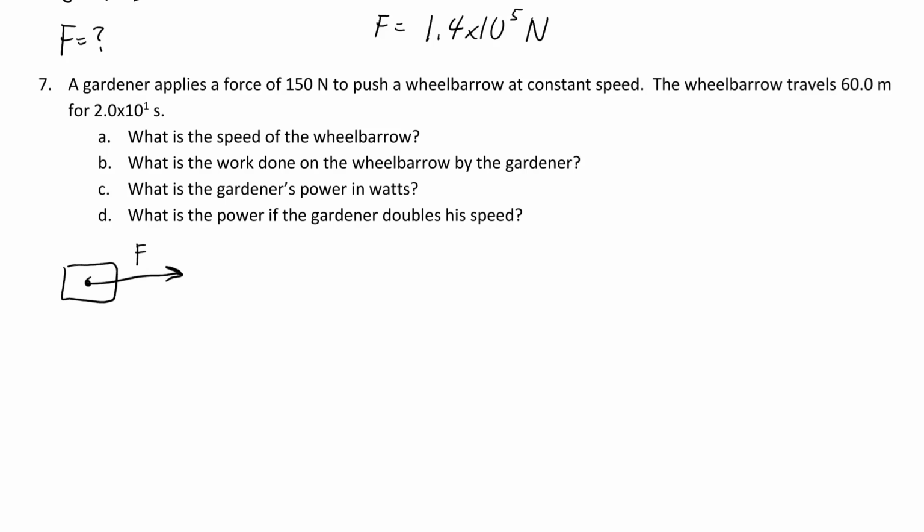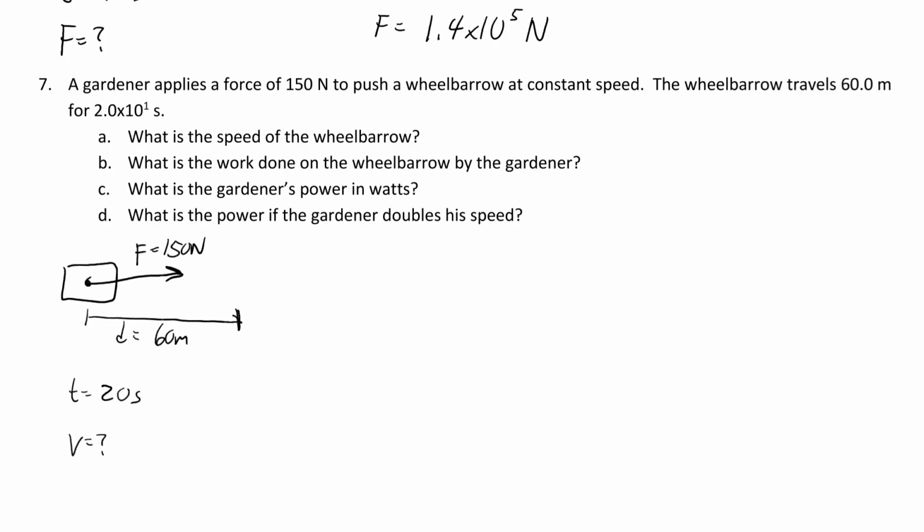All right, we're exerting a force of 150 newtons at constant speed. It travels 60 meters, and the time is 2.1 times 10 to the 1, or 20 seconds. They're looking for the speed of the wheelbarrow. So let's see, you don't have to overthink this one.